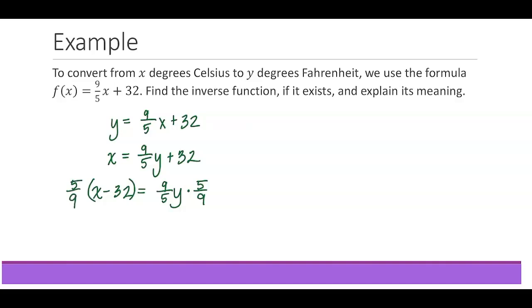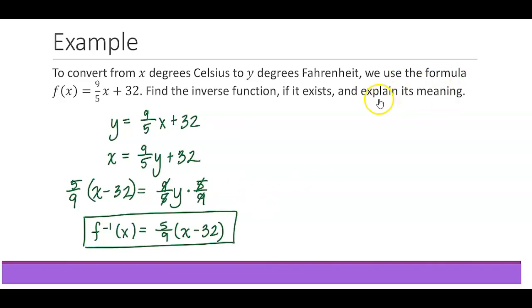So we have 5 over 9 times the quantity x minus 32 equals just y. The last step here would be to replace y with the f inverse notation. So we have f inverse of x is equal to 5 over 9 times the quantity x minus 32. So this is the inverse function.